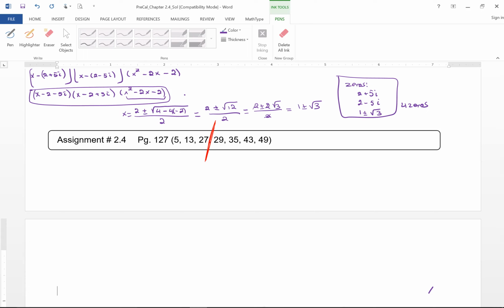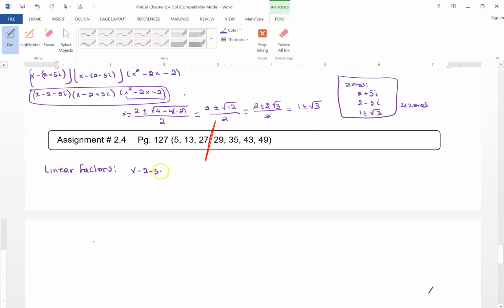Now, this problem asked you for the zeros. Had it asked you for the linear factors, which it might, then it would have been x minus 2 minus 5i, x minus 2 plus 5i from here, and also x minus 1 minus root 3, x minus 1 plus root 3.